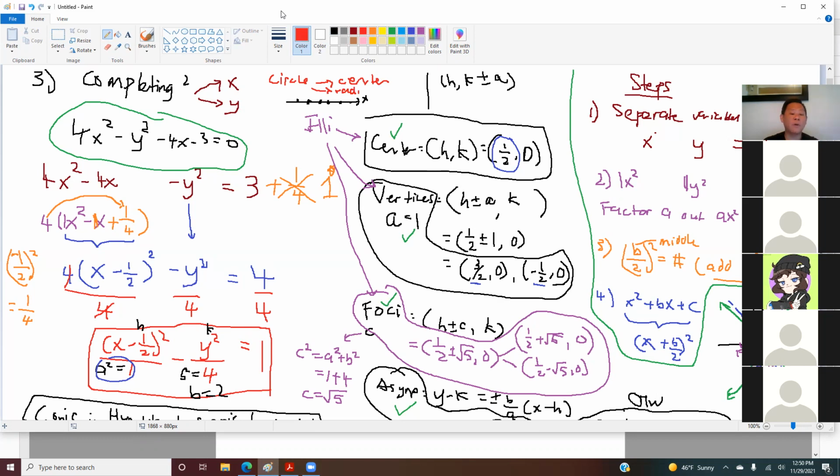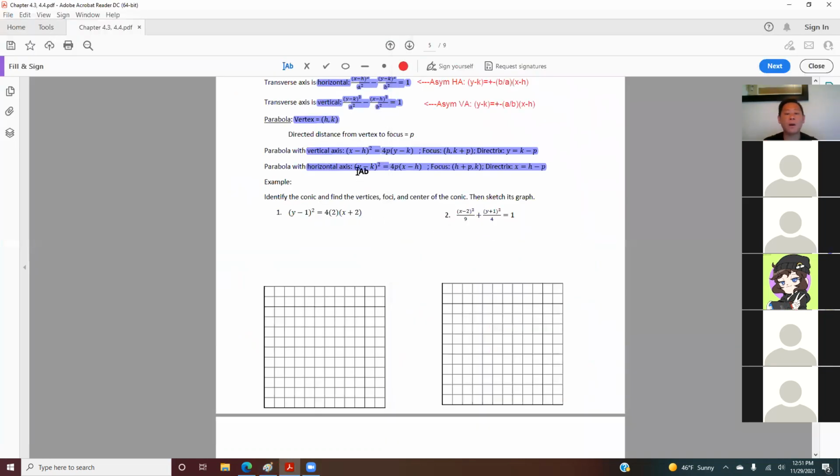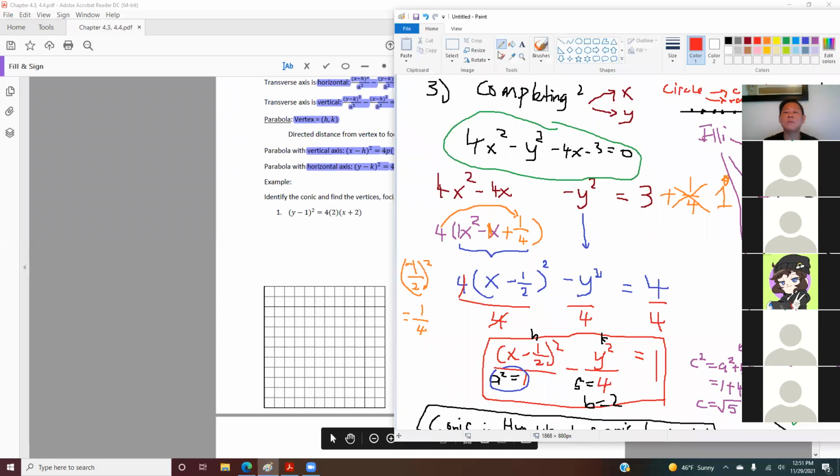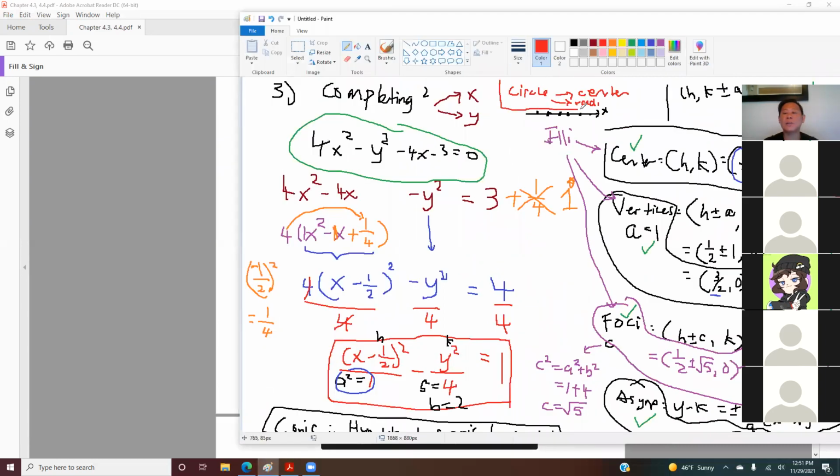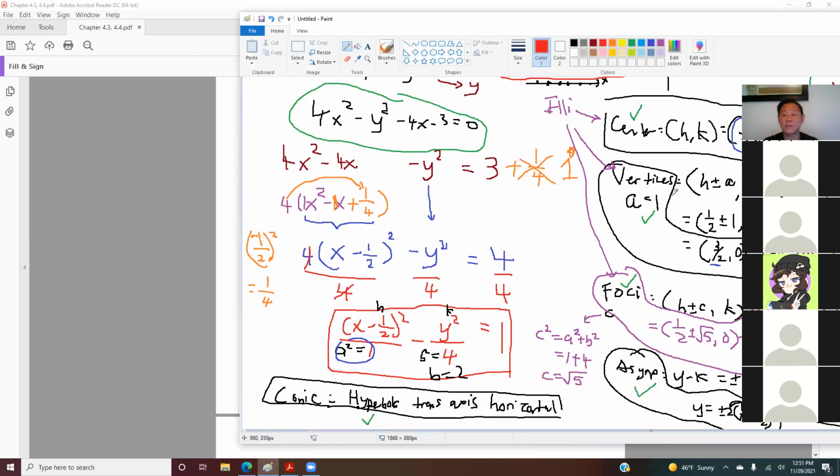And parabola needs three things: vertex, focus, and directrix. So for circle, center and radius. For ellipse, center, vertices, and foci. But for hyperbola, center, vertices, foci, and asymptotes. We got 4 things here. So it's a lot. Okay.